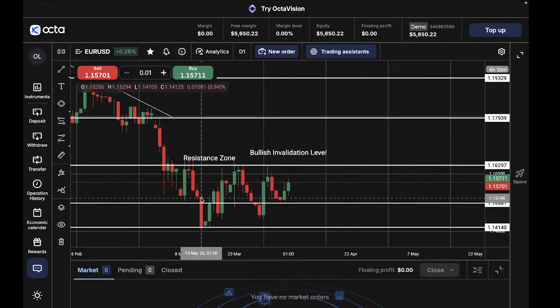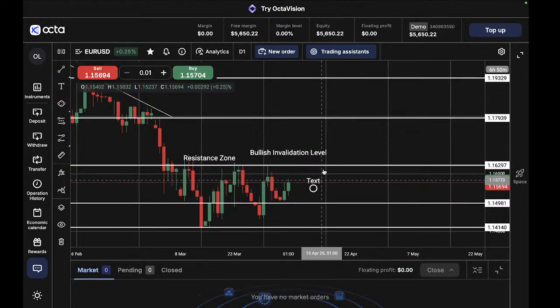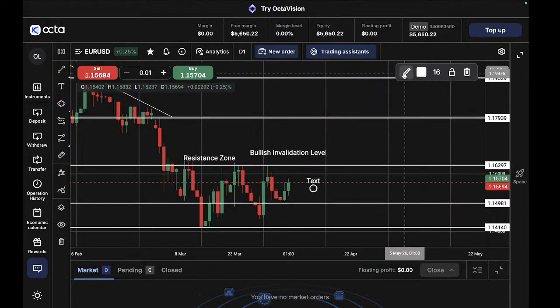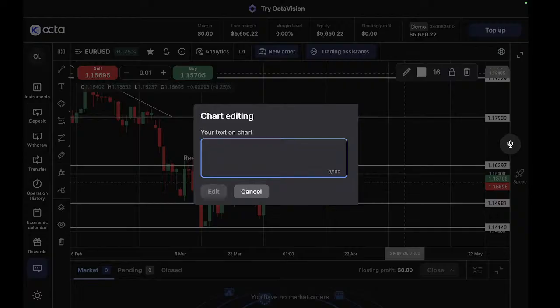Now we can see here is the support level. So we have two support levels we're going to be watching out for. This is support level 1.